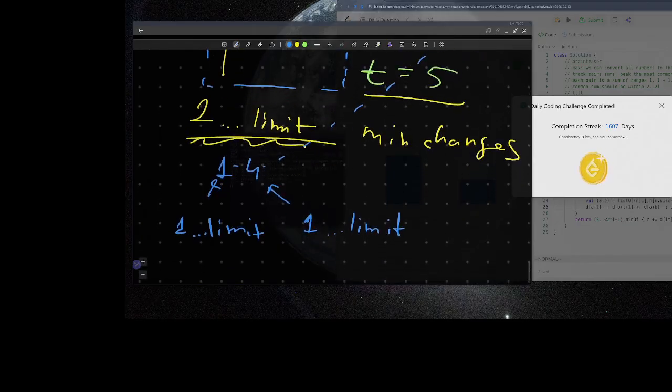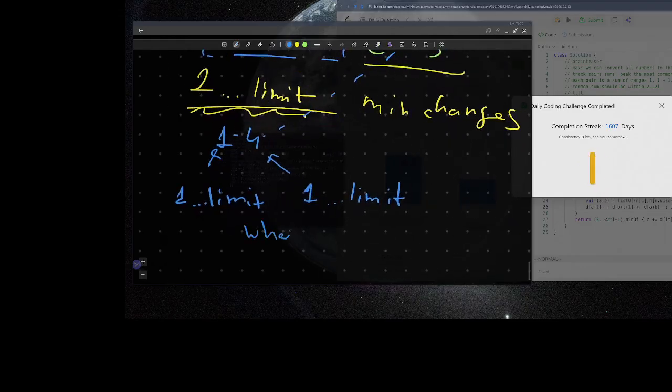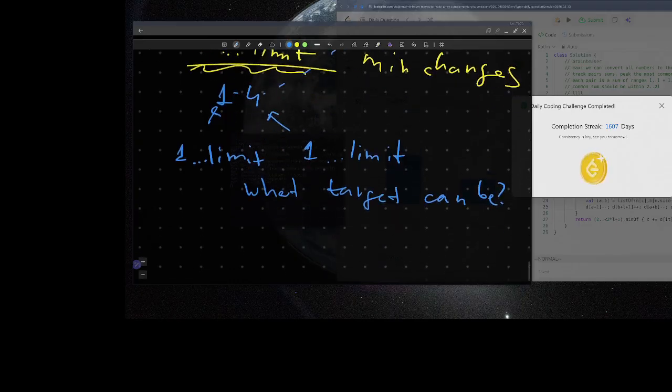And let's think about what possible target can be. For example, the lowest target is 2, because 1 plus 1, if we change both values, we have 2.